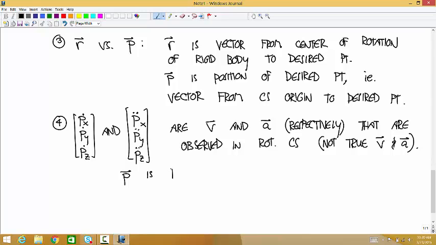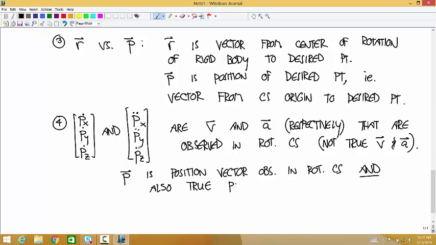P is the position vector observed in the rotating coordinate system, and it's also the true position vector. The reason for that is that you don't have to take any derivatives to get the position vector. So those are the same thing, okay?